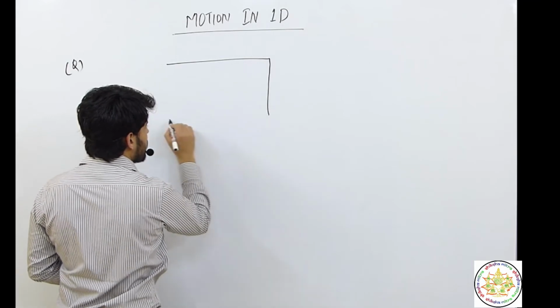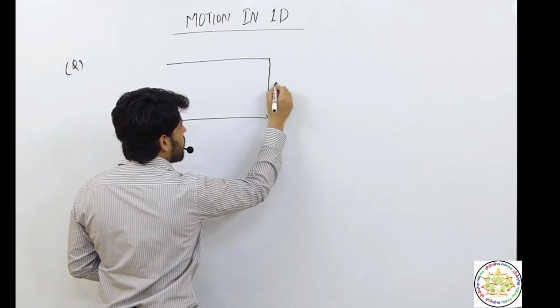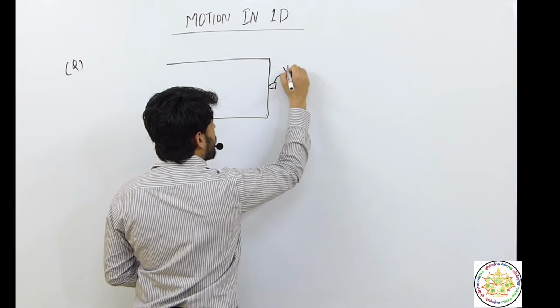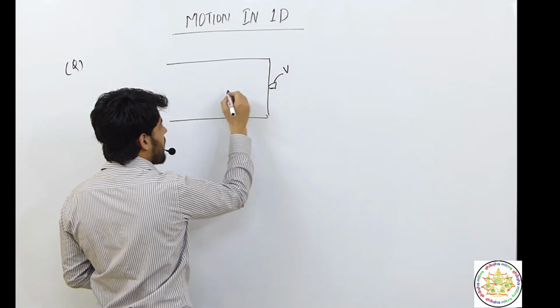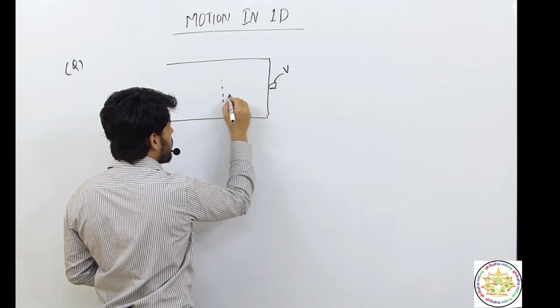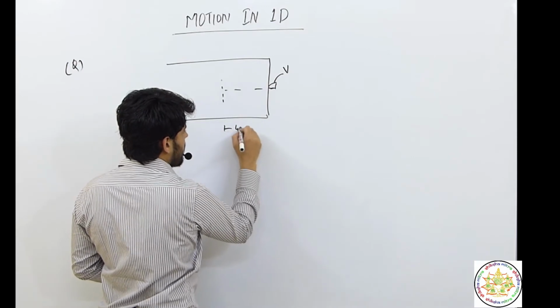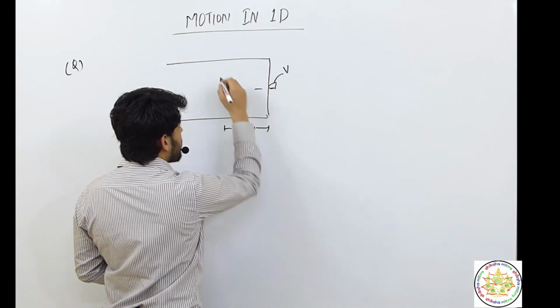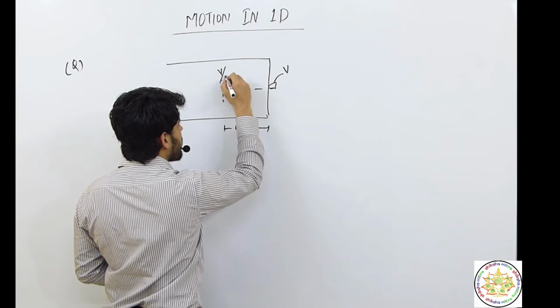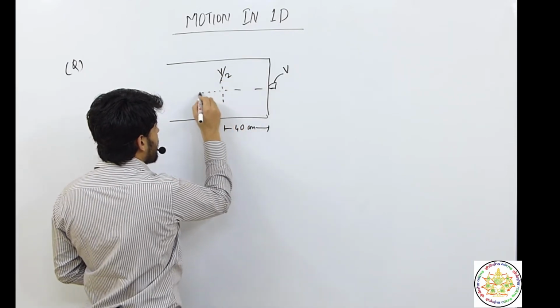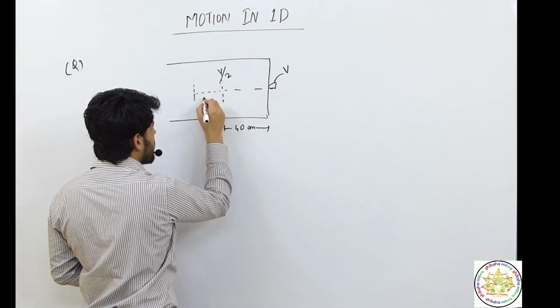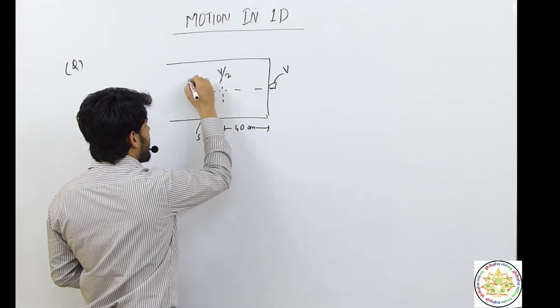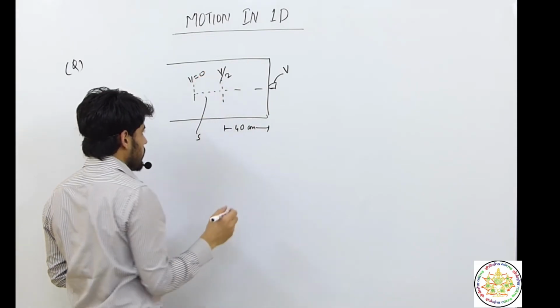This is the wooden block at which the bullet has been fired with velocity v. After penetrating a distance of 40 centimeter, this velocity loses half of its value, and we have to find the remaining distance at which velocity is 0.